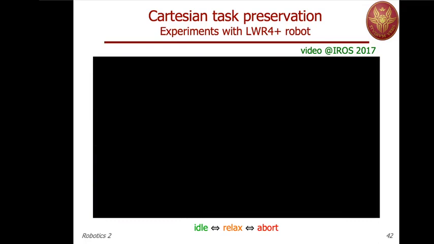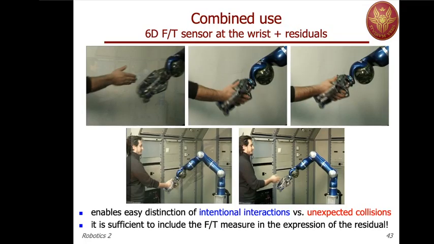Okay. In this video there was more, because there was an explicit estimation of the contact force that is used for collaboration, and this will be the topic of our next lecture at the end of this one. Okay, so indeed there are other possibilities that can be explored.